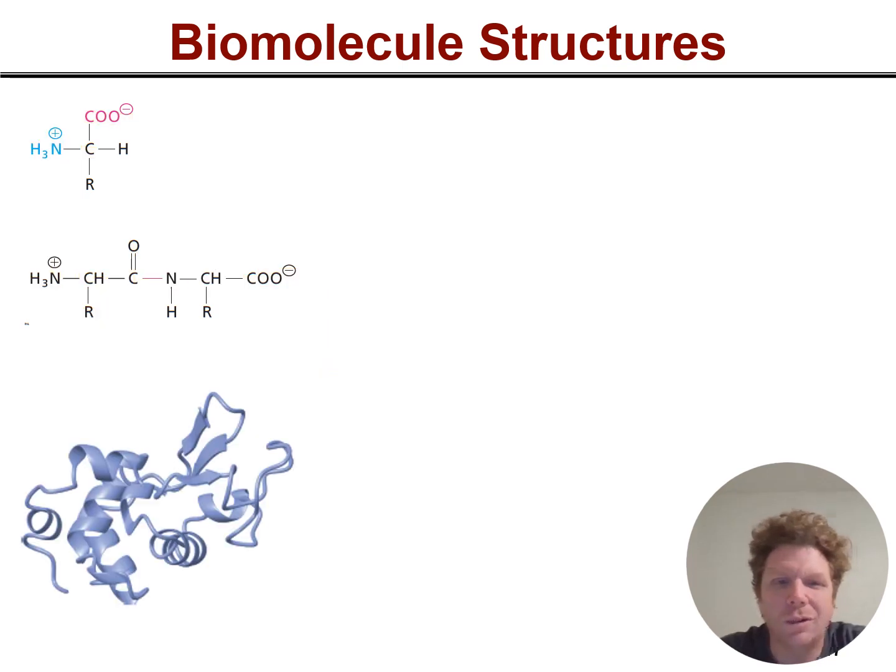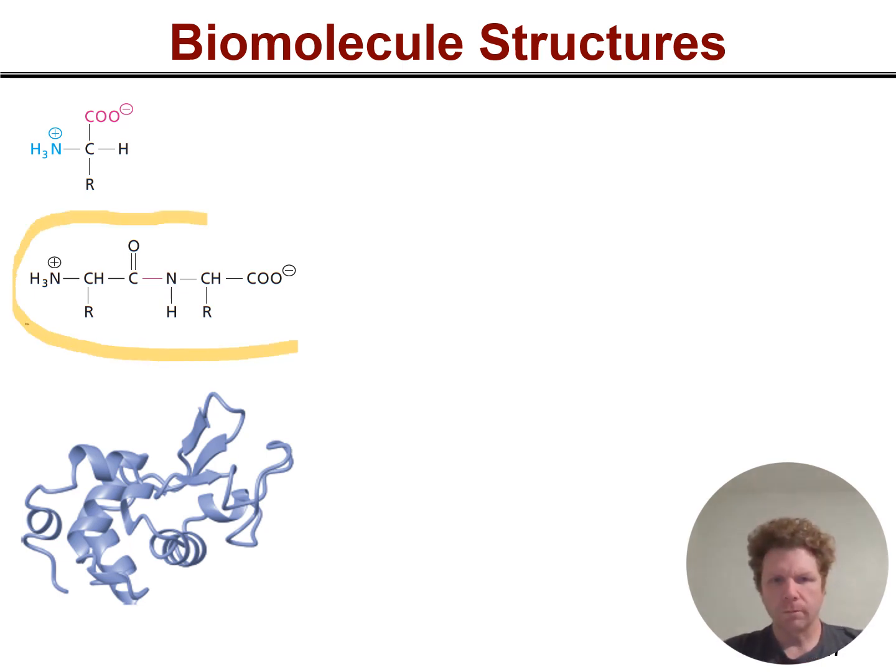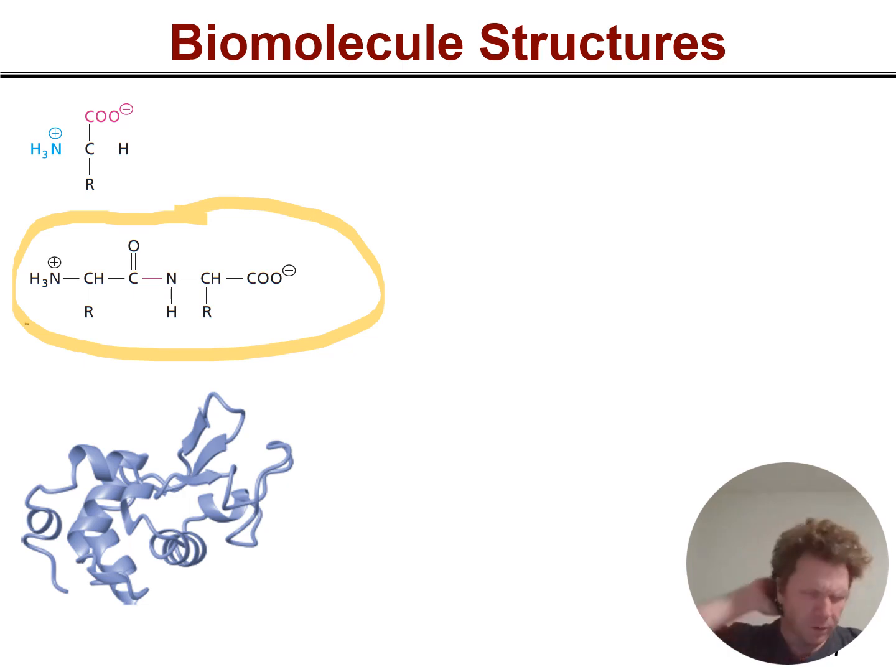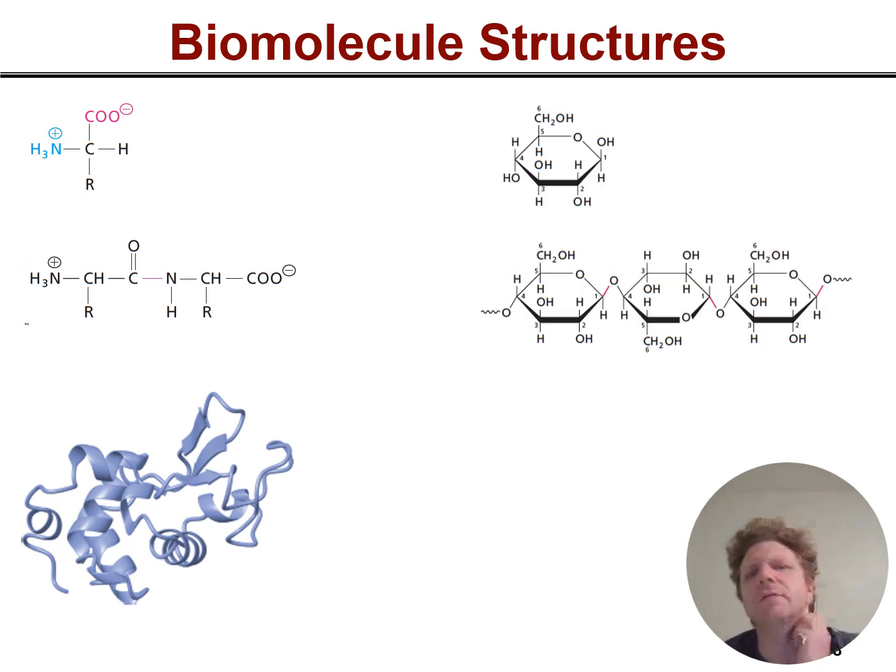And they'll continue doing that until they form something like what is shown below. That molecule shown below is this, but rather than having 2 amino acids, it would be closer to like 150 amino acids.